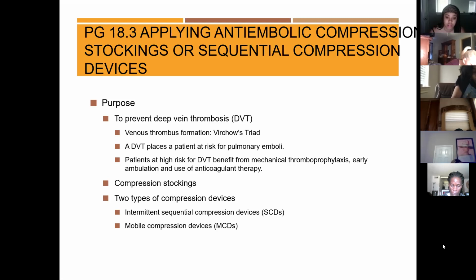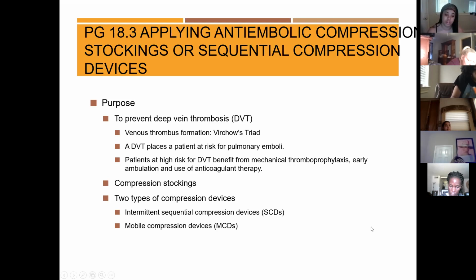The compression device puts pressure on, takes pressure off, very rhythmic, almost like a massage, but not quite. We use both of these if our patient is at risk for getting clots in their legs. They're also going to end up on some sort of anticoagulant therapy, so these people will be on blood thinning medications to reduce the chance of getting a clot.